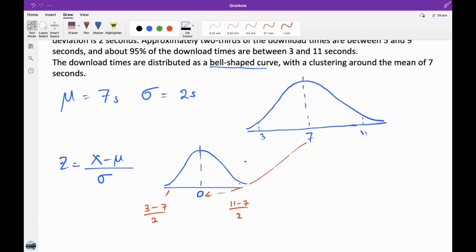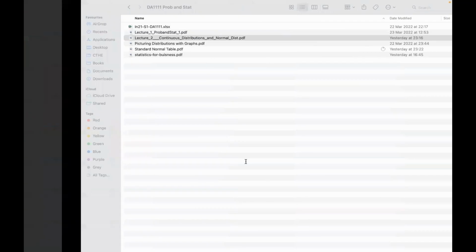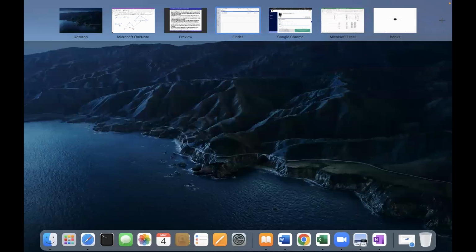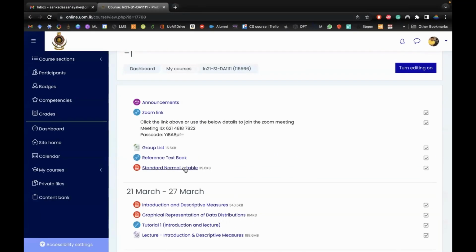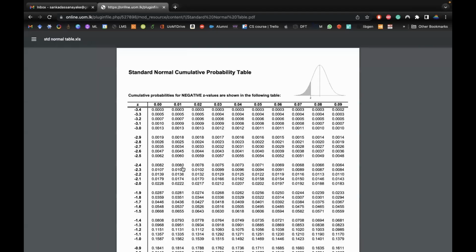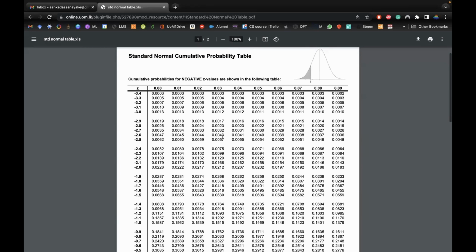But if you go to your Moodle, there is something called the standard normal Z table. As I told you, it's difficult to integrate again and again.